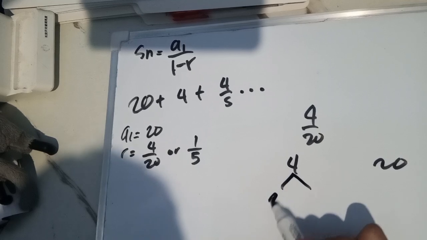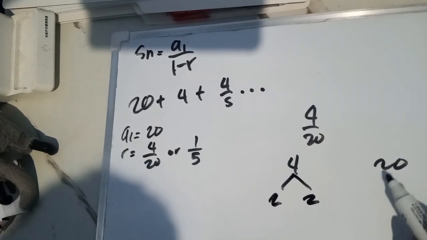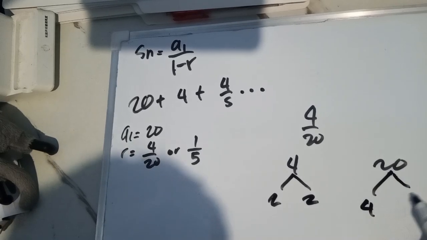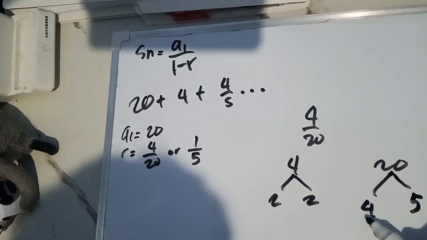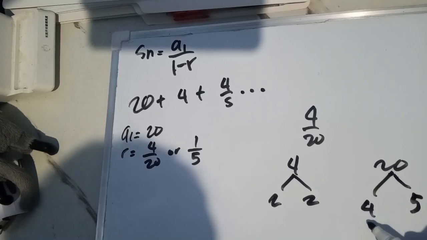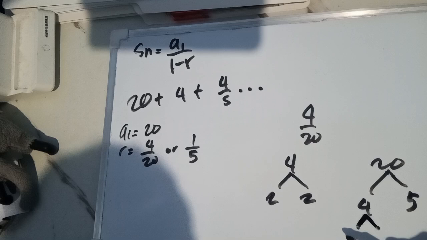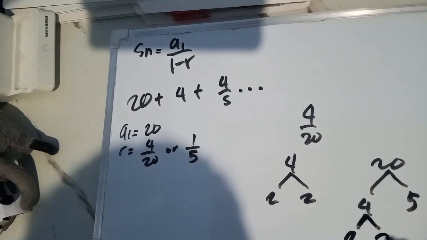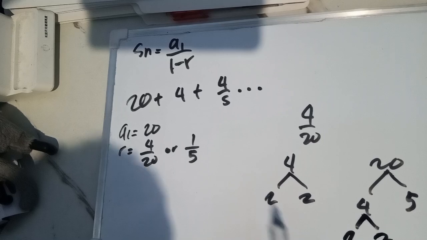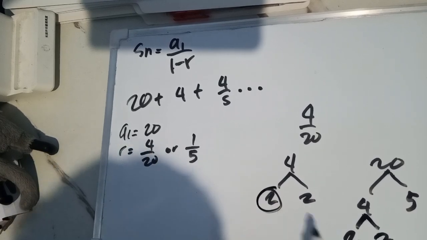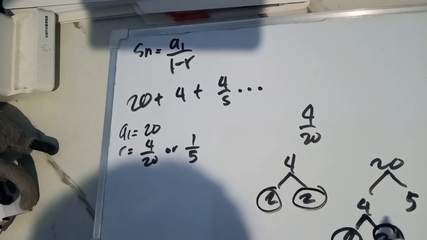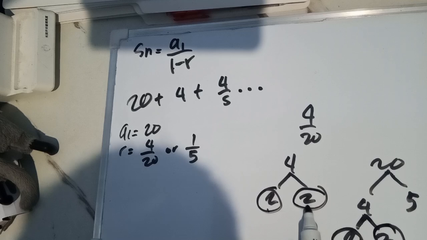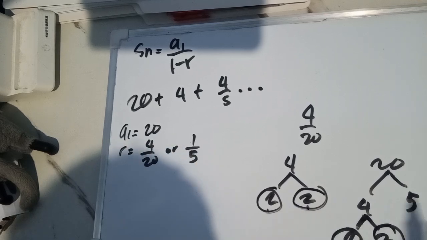That is 2 and 2. Now, for 20, it's 4 and 5. But 4 still has factors, so we need to write 2 and 2 again. So, for 4, there is a 2. For 20, there is a 2. For 4, there is a 2. For 20, there is a 2. Meaning, the common 2 and 2 we multiply together. And 2 times 2 is 4.